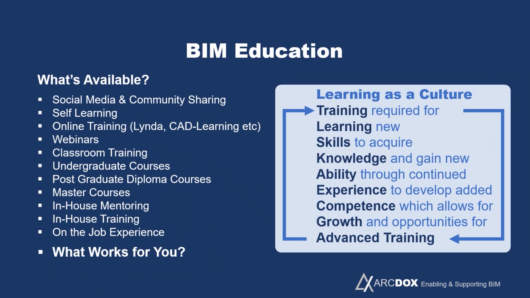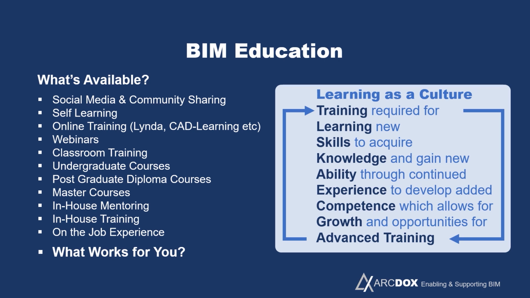So there's a lot to learn outside of this lecture. There's lots of different ways to learn. The purpose of learning is to acquire the skills and knowledge that are required, so that you can develop competencies in these different areas.